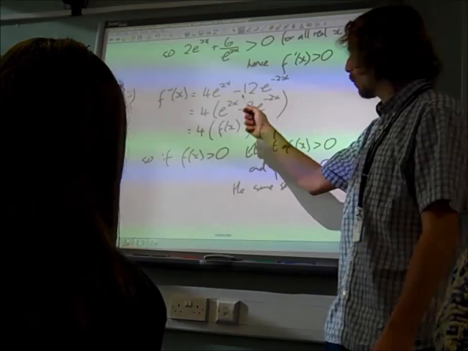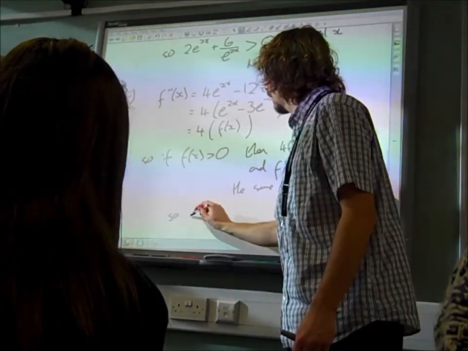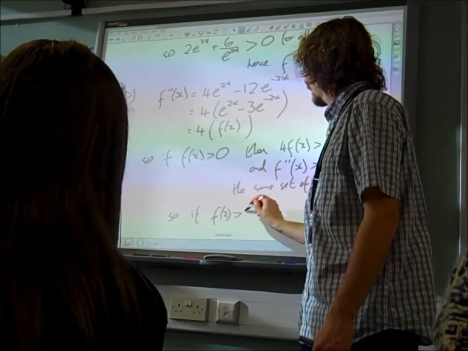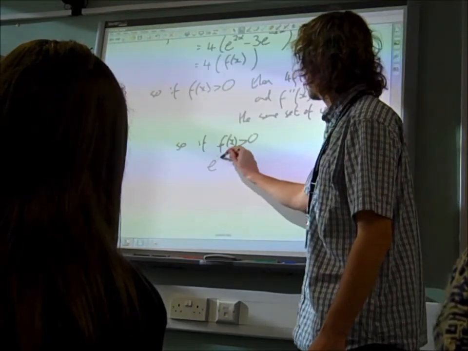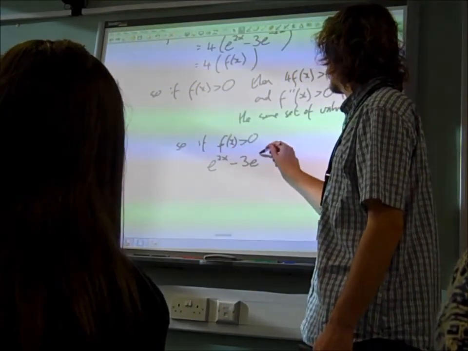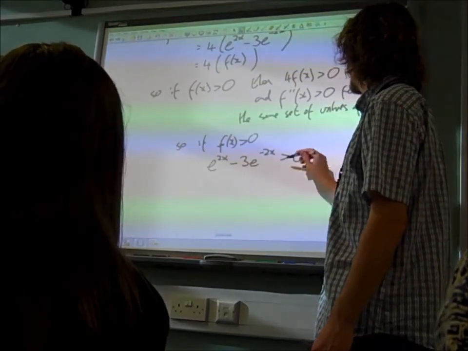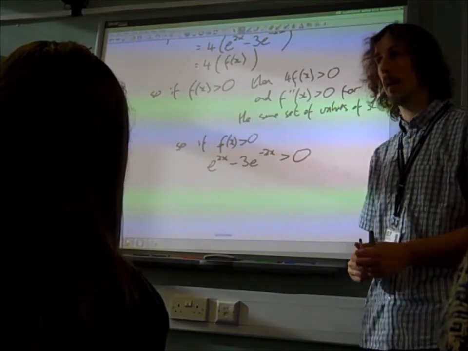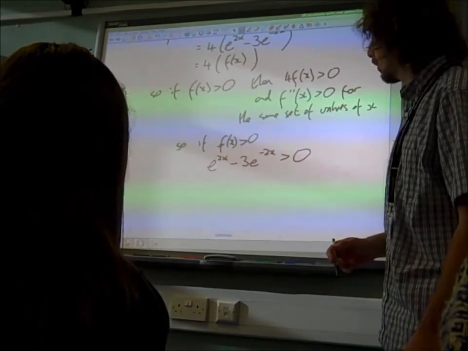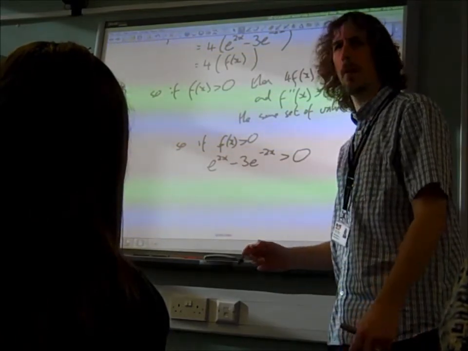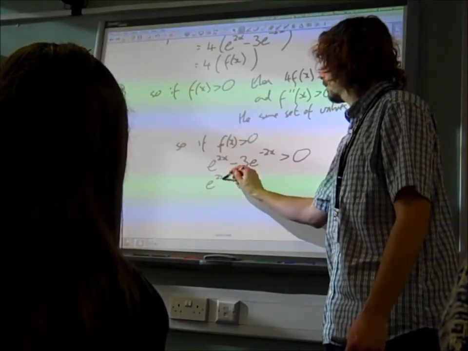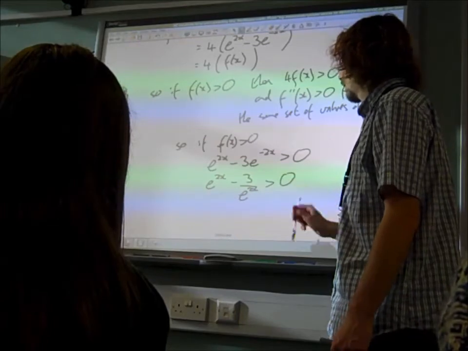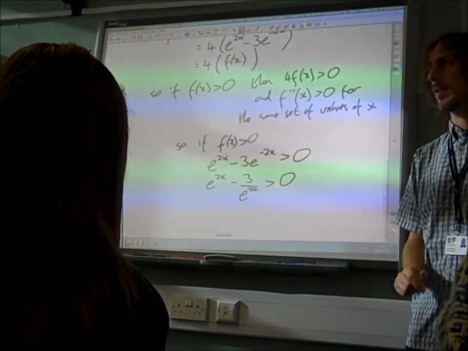So we now want to say when is f of x bigger than 0. That means that e to the 2x minus 3e to the minus 2x is bigger than 0. We want to try and solve this inequality. You could do this first stage however you want to, but I'm going to think, that means e to the 2x minus 3 over e to the 2x.